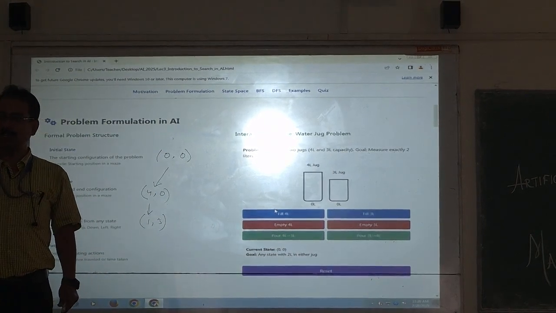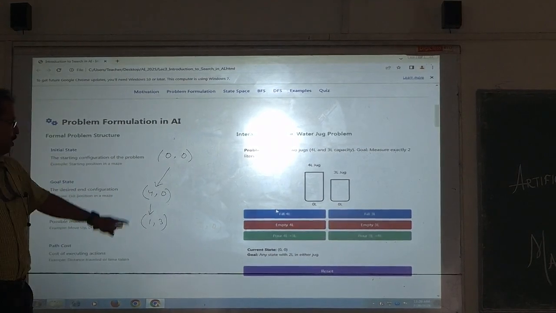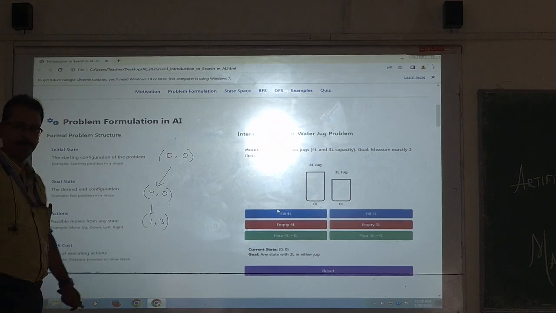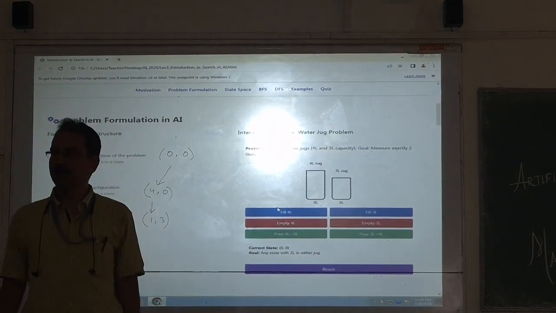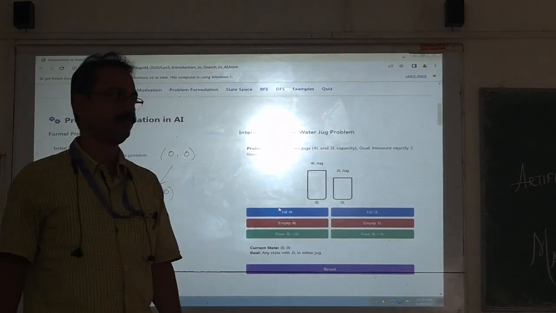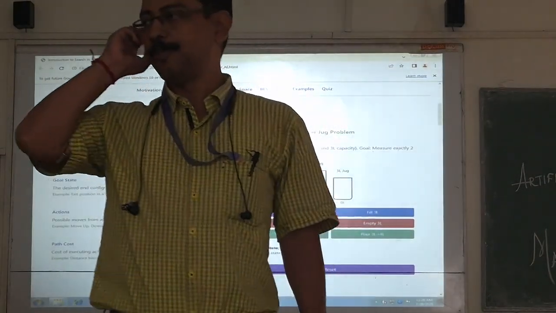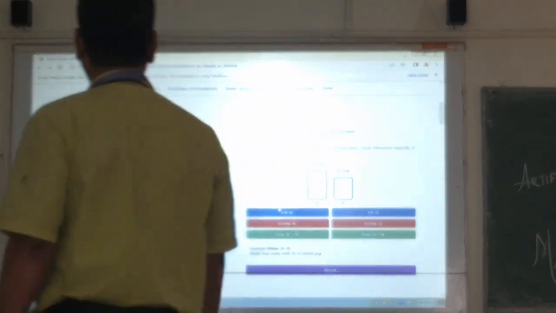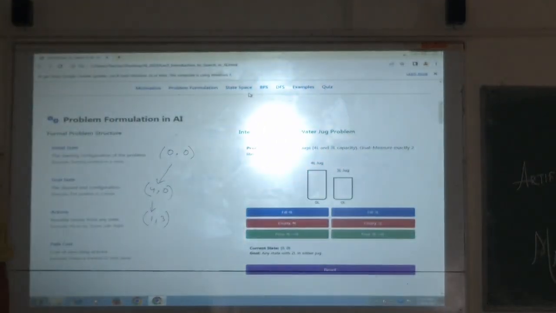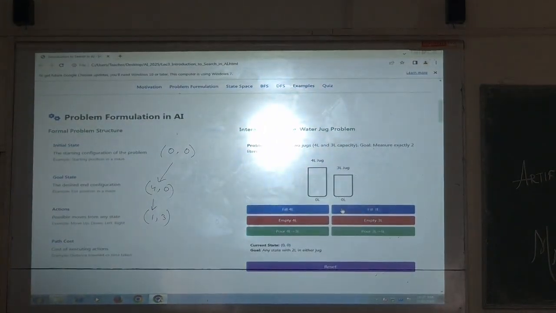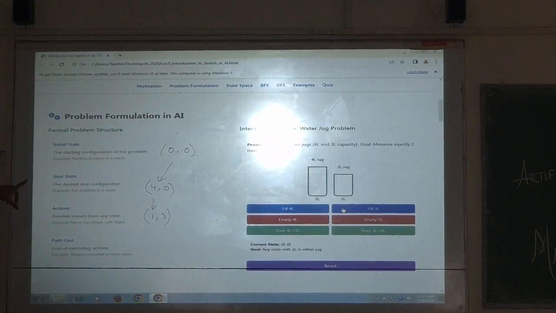Okay, you have got the solution? You come here and solve it with the help of the mouse, because that is animated, you can easily do it. So remember the steps. What will you do? First fill the 3 liter.